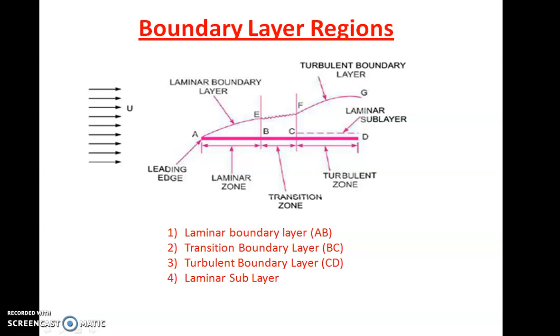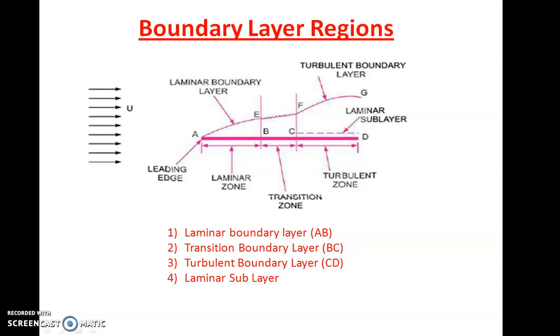As you go further along the length of the plate, the velocity goes on increasing, so that layer becomes the transitional boundary layer, and the last layer where the velocity is maximum is the turbulent boundary layer.